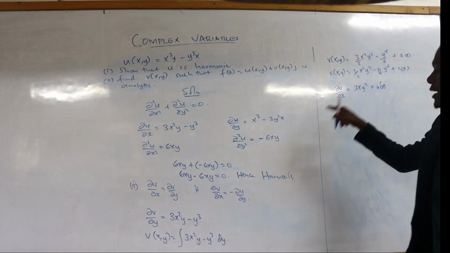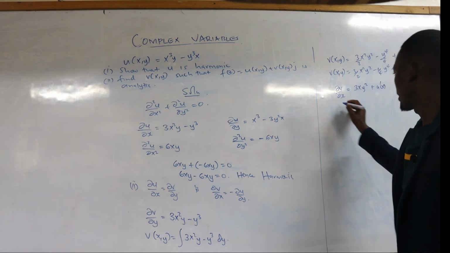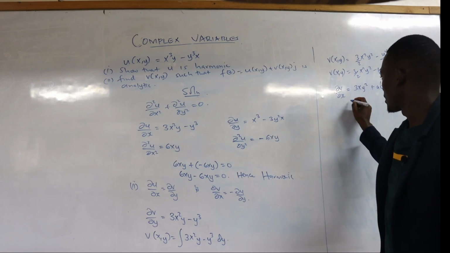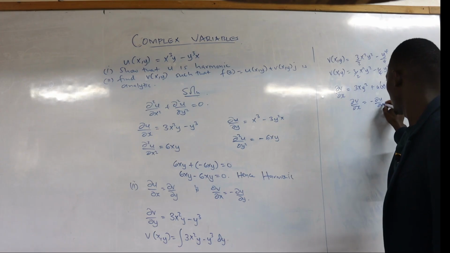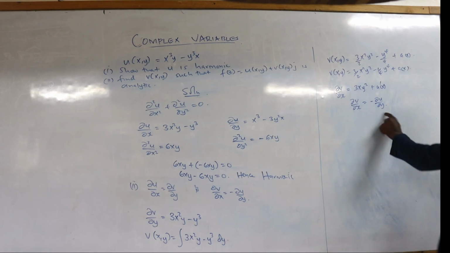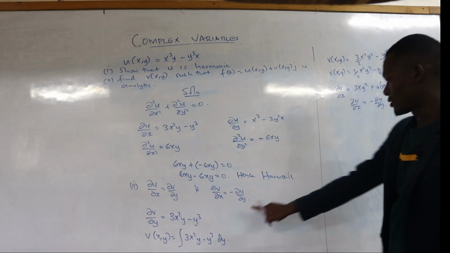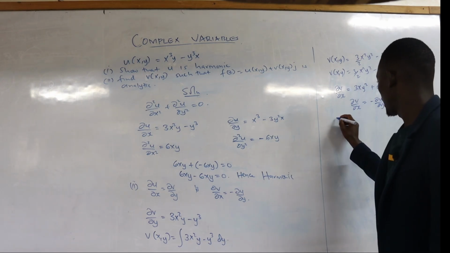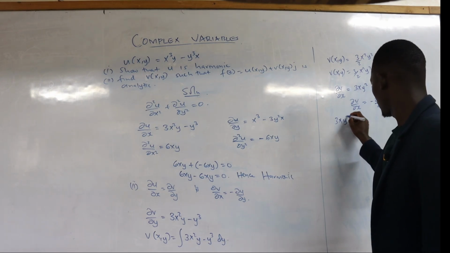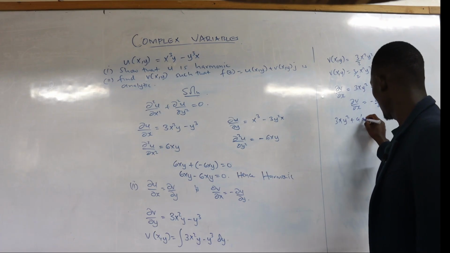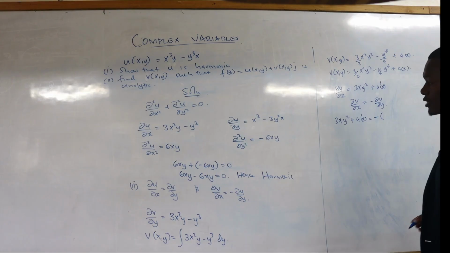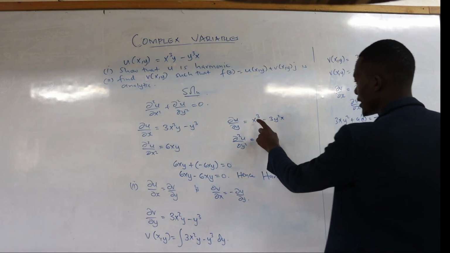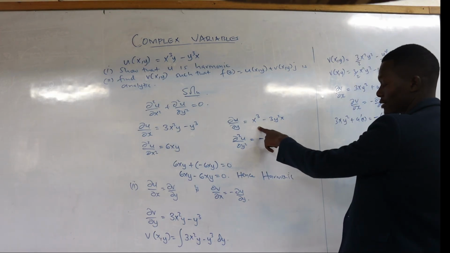Then compare dv/dx with negative of du/dy. So we're saying compare this with this, right, together. So just compare the two. dv/dx is given by this, so it is 3xy squared plus a prime of x, and it should be the same as negative of du/dy. Negative of du/dy is this, okay?